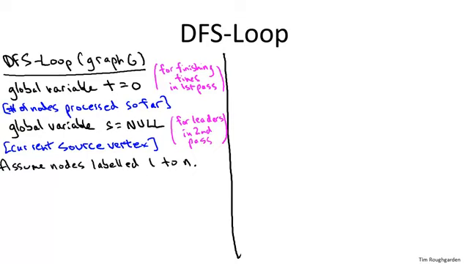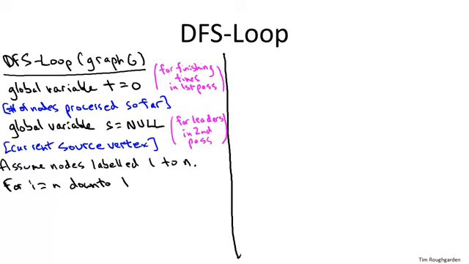Now, the second time we run DFS loop, as indicated on the previous slide, we're going to use the finishing times as the labeling. And as we'll see, the finishing times are indeed numbers between 1 and n. So now what we do is we just iterate through the nodes in decreasing order. And if we haven't already seen node i, then we initiate a DFS from it.